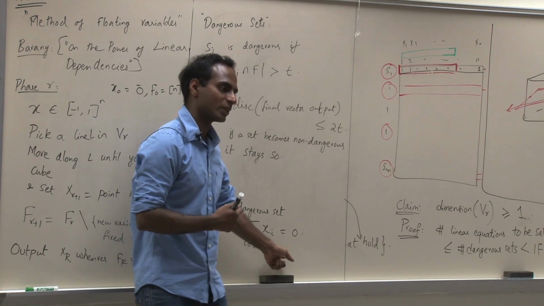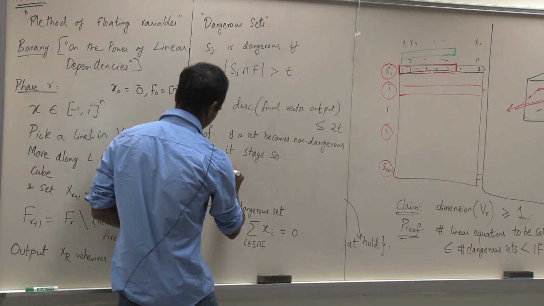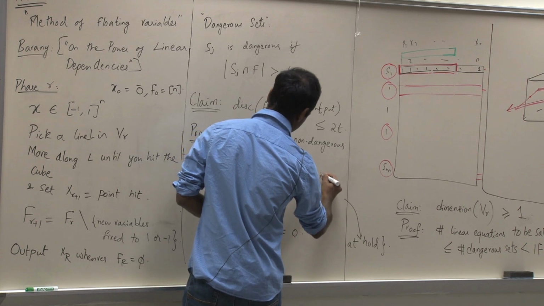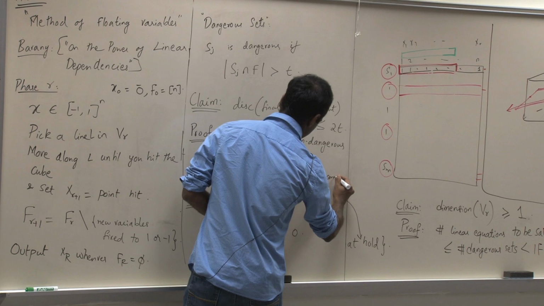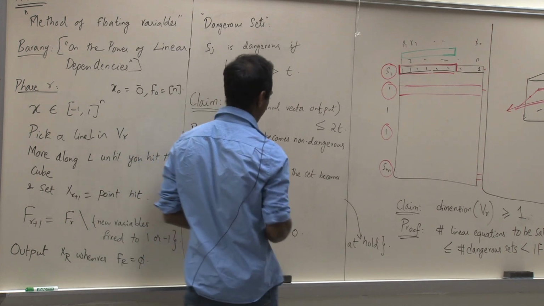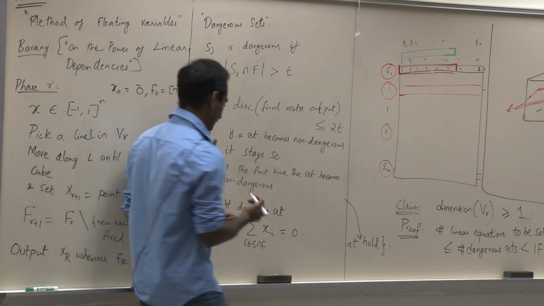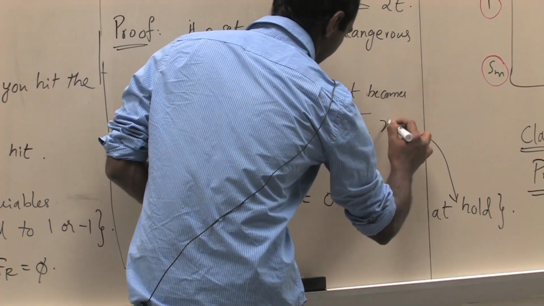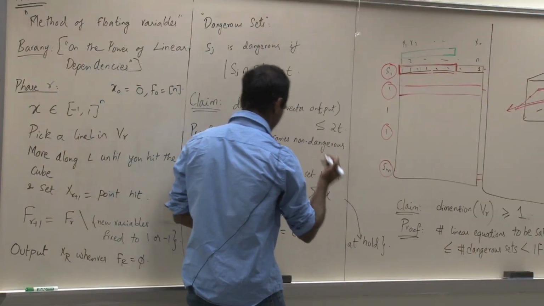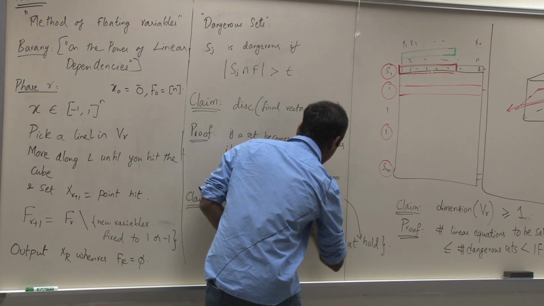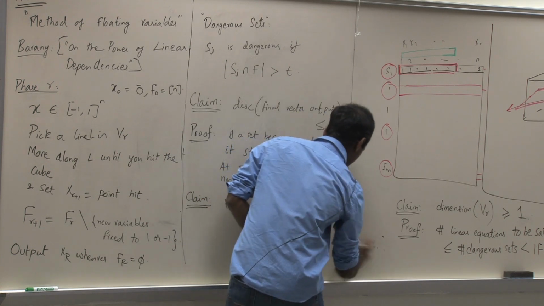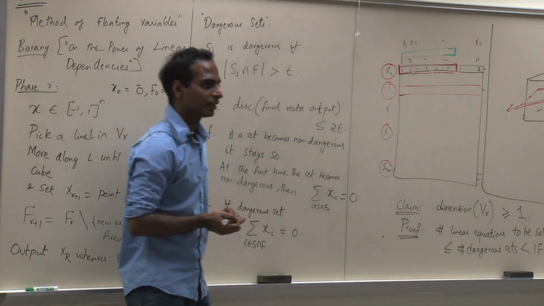Well, we said that this condition holds, right? So if at the first time the set becomes non-dangerous, let's say that happens at phase r, okay, then the sum was 0, right?